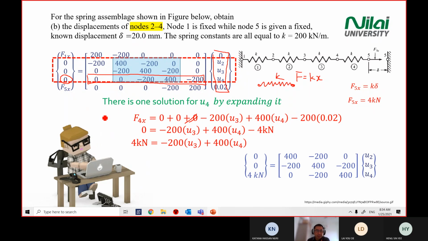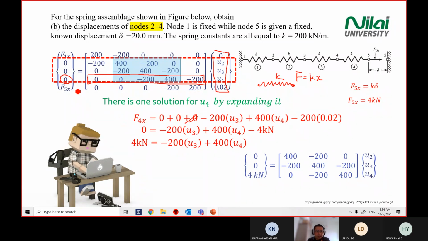So this is one example where you focus on one of the components here. This is how you get the 4 kilonewton here.